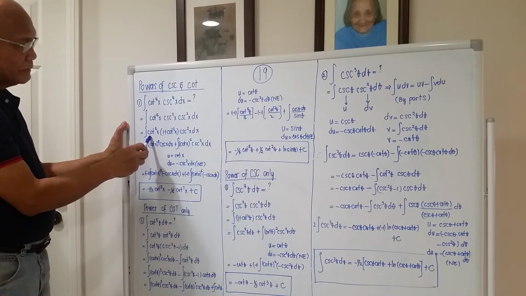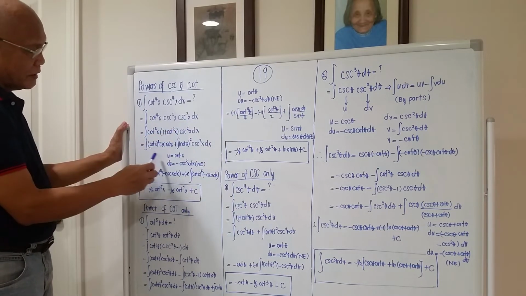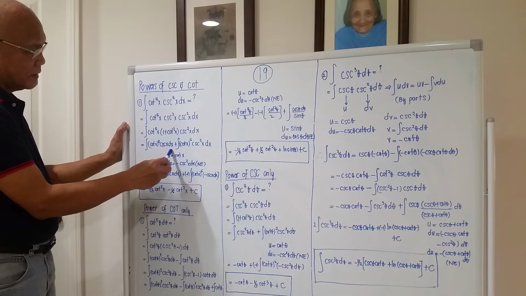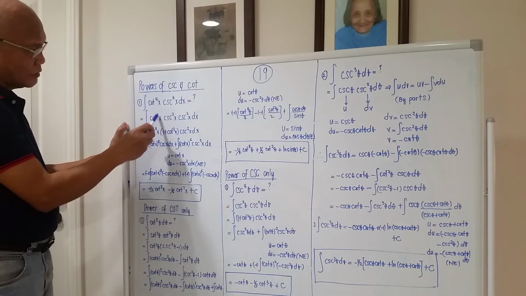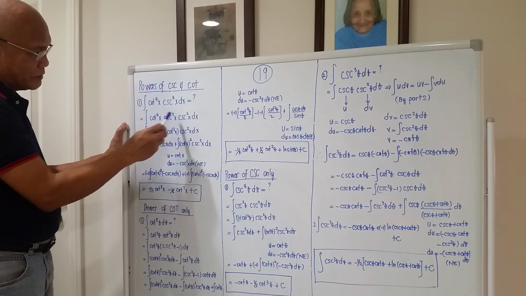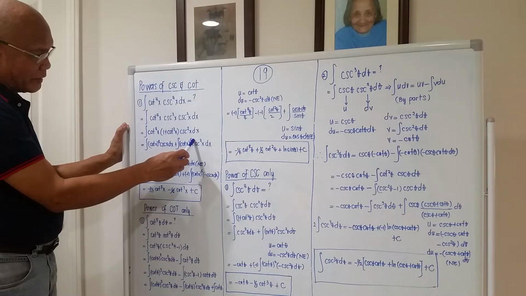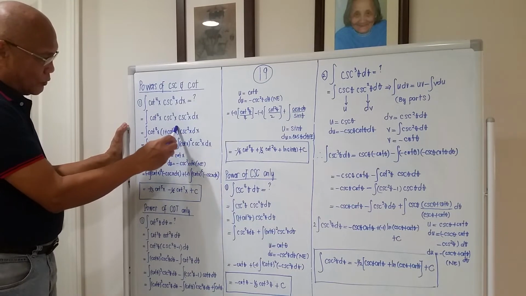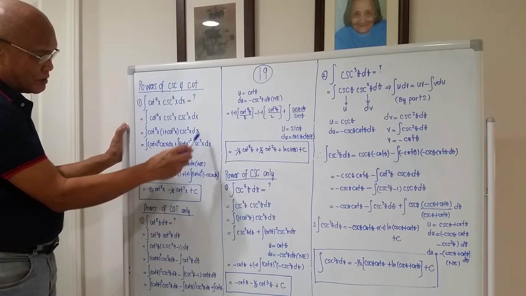Cotangent to the fourth times cosecant square of x dx, it is this one. The next term will be cotangent to the fourth, cotangent square. We got a cotangent raised to the 6th power because 2 plus 4 is 6, times cosecant square of x dx.